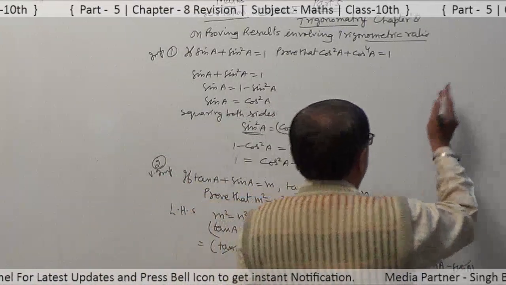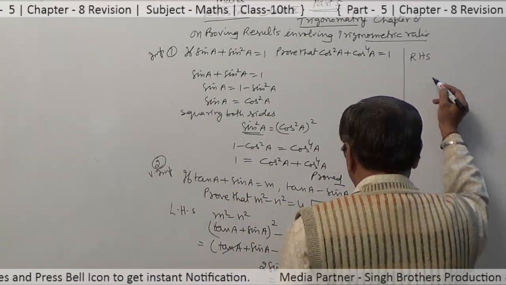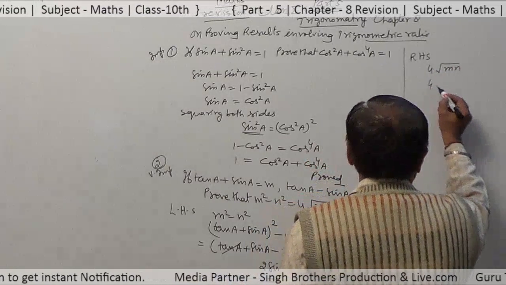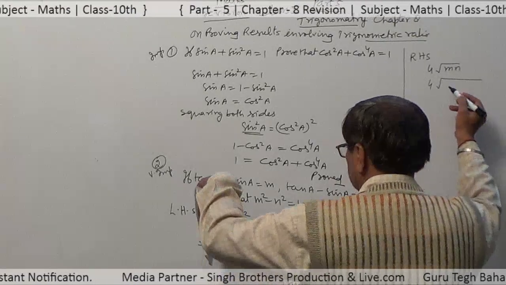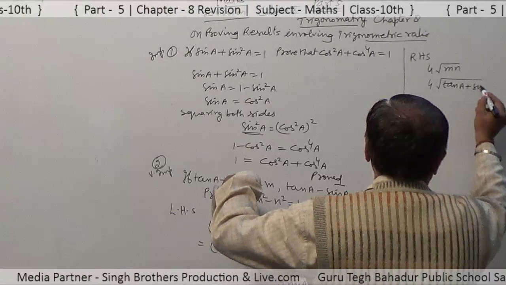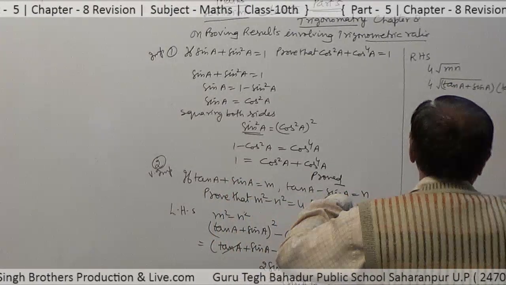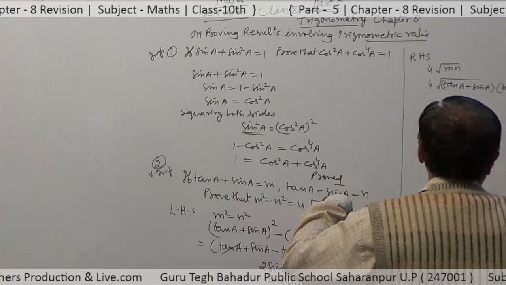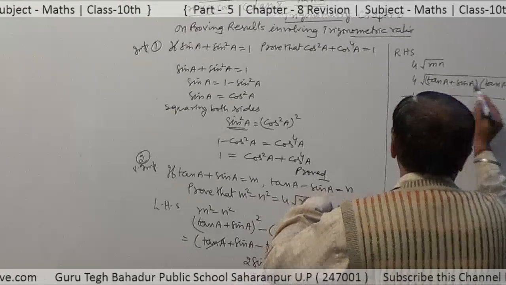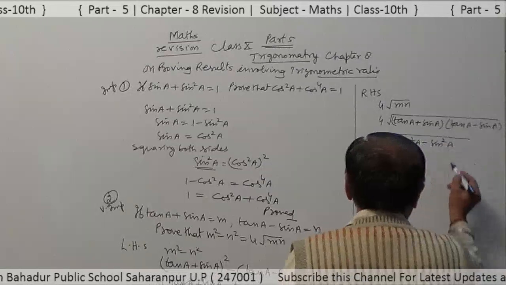Now taking the right hand side. Right hand side is 4 root mn. Value of m is tan A plus sin A, and value of n is tan A minus sin A. So 4 root of a plus b, a minus b, which is a square minus b square.